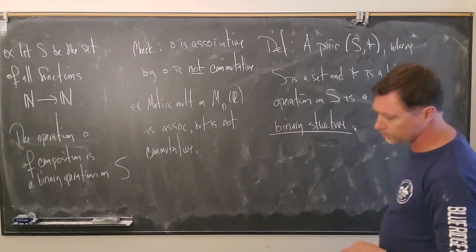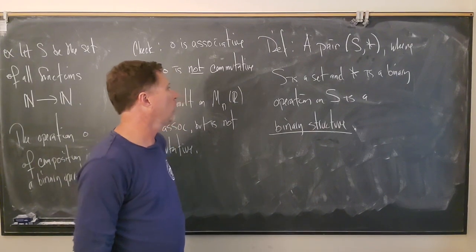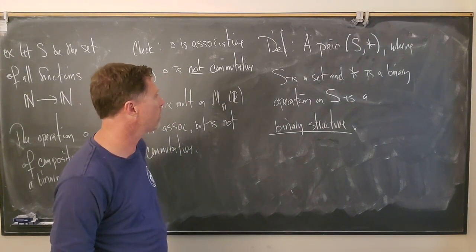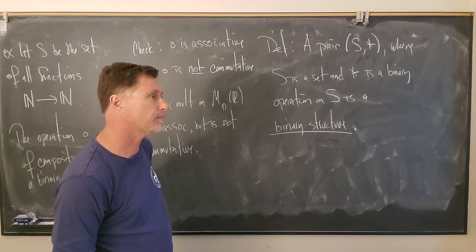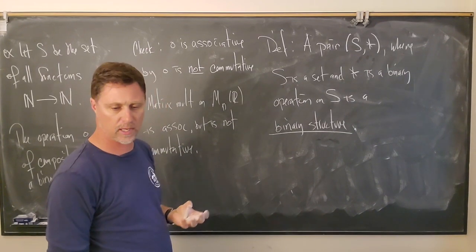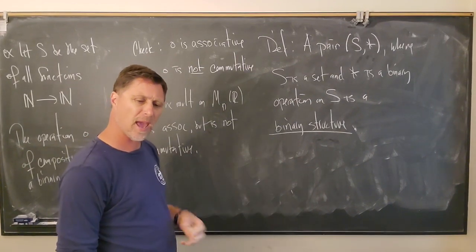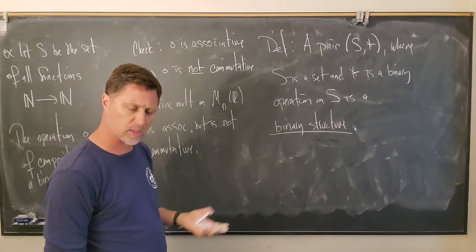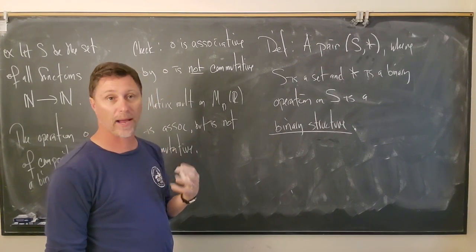Now, let's end on this note. If you want to know what we're going to study in this course and in 482 and 483, abstract algebra in a nutshell is the study of binary structures.